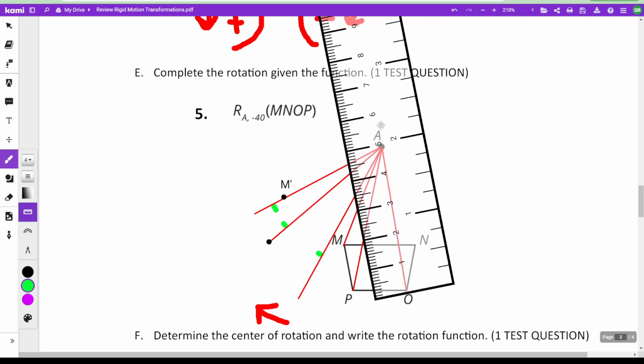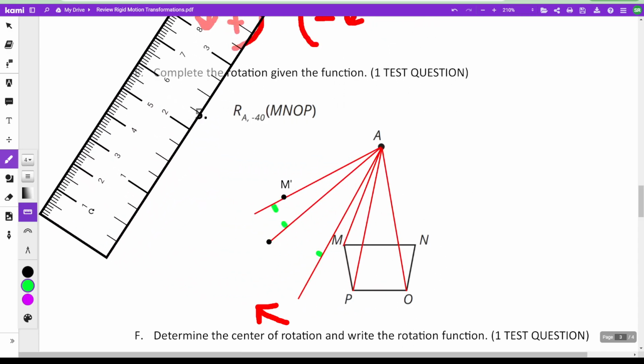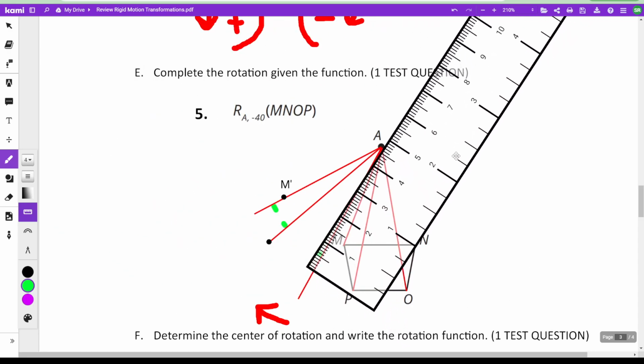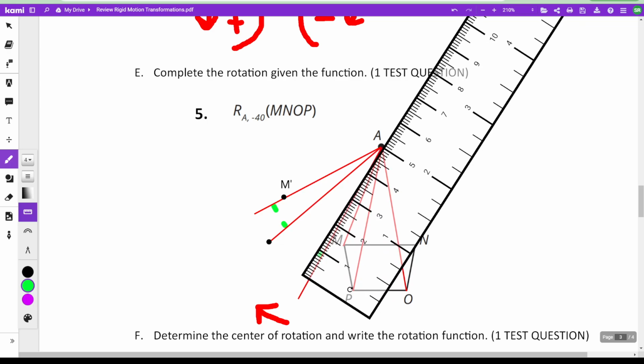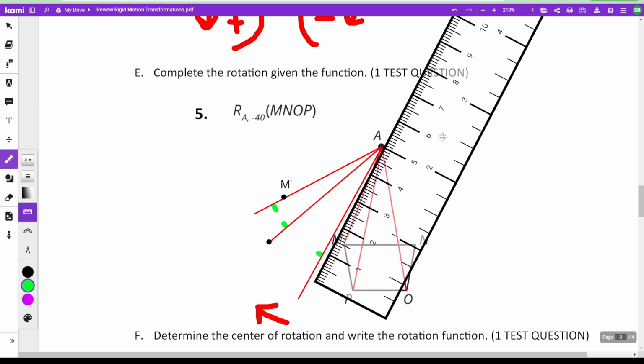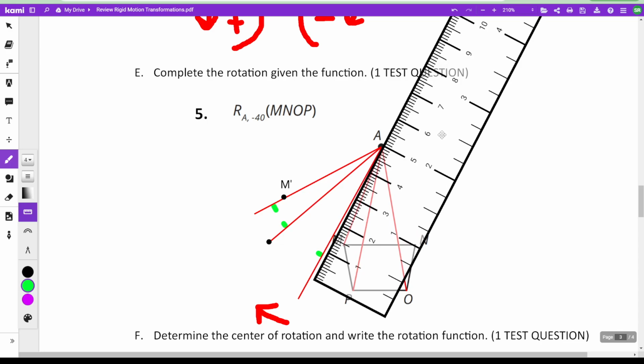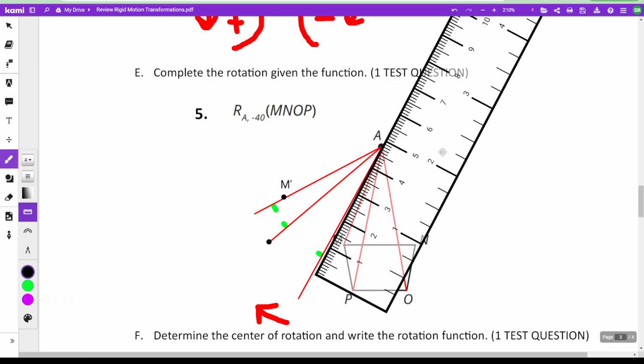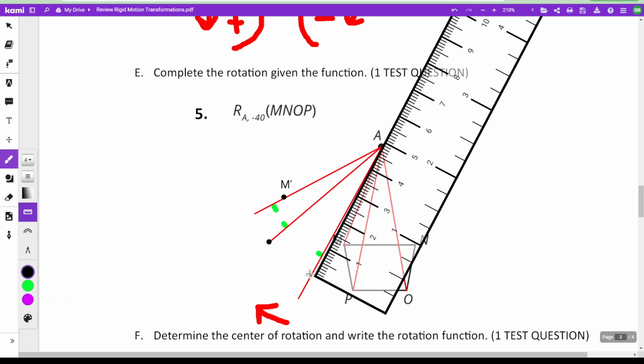So that's a little under 5 centimeters as well. So it's going to be right about here.